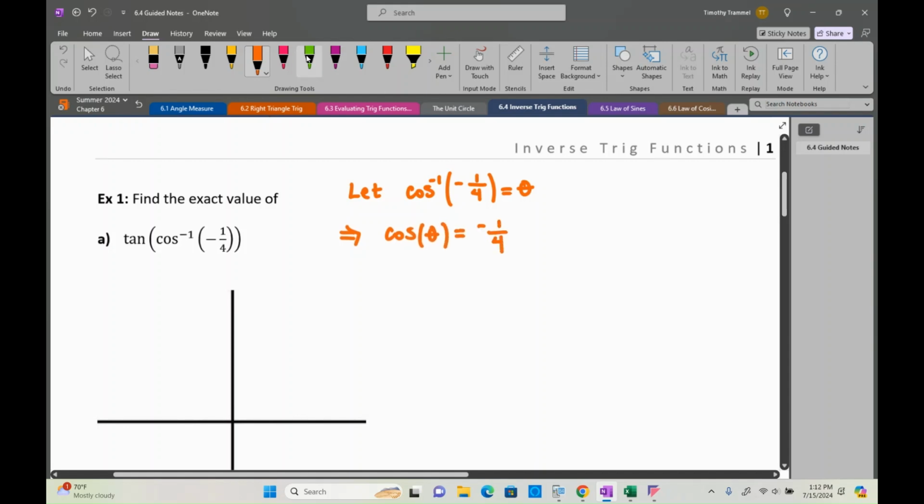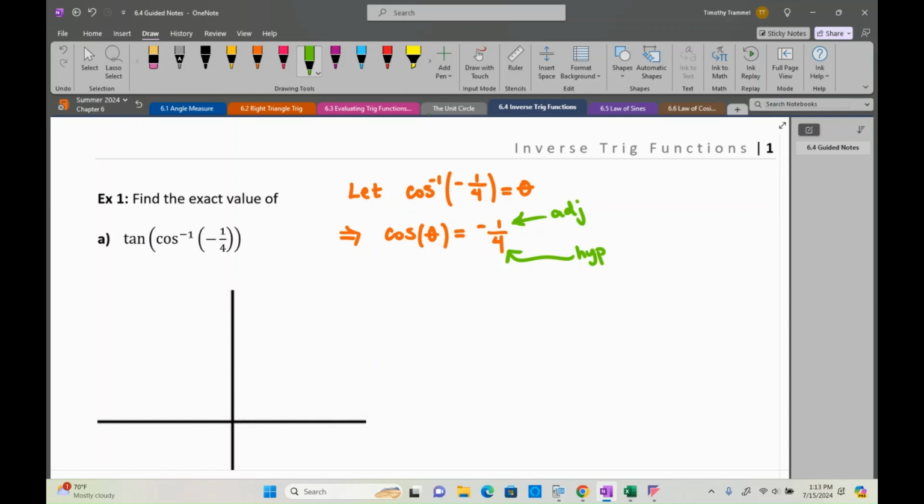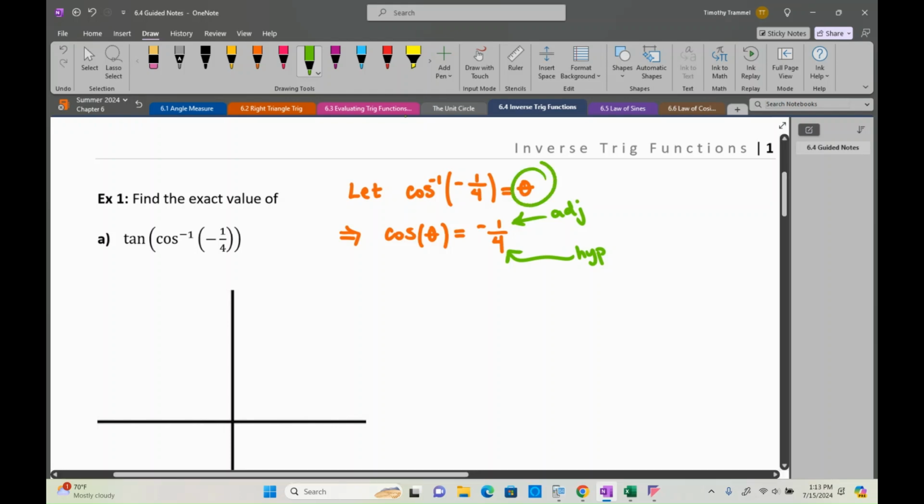Okay. And this up here, we could think about as being our adjacent side. And this here is our hypotenuse, right? Adjacent over hypotenuse when we're working with cosine. But here's the next thing: we were using cosine inverse to get this angle theta. And so cosine inverse can only give you angles in between 0 and pi.